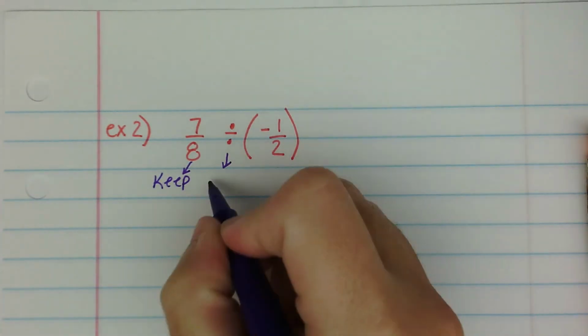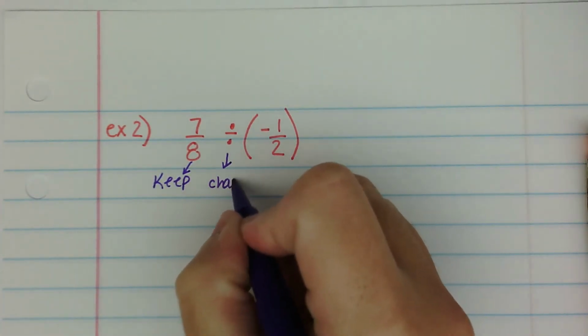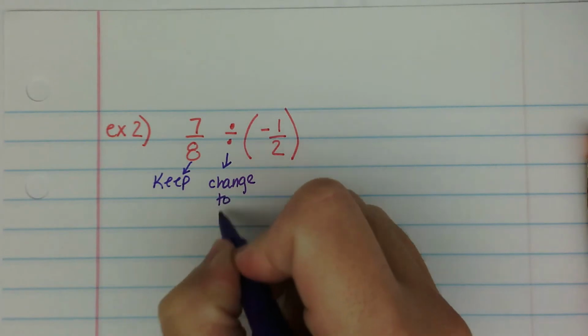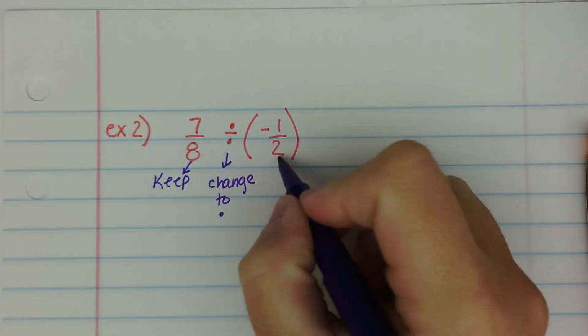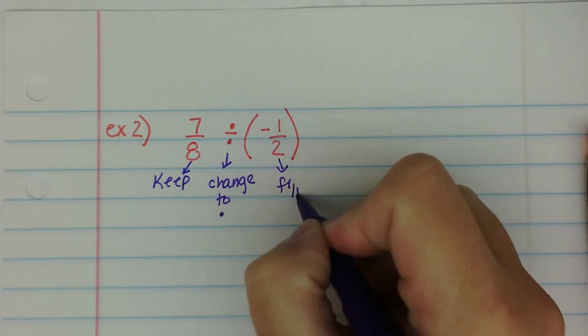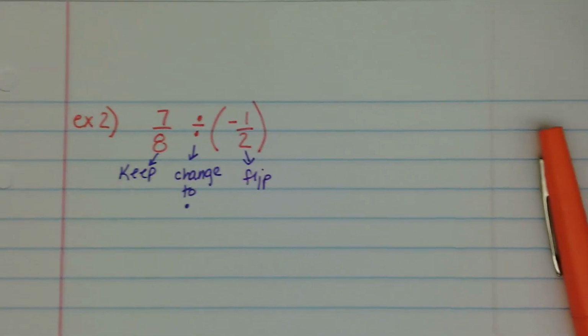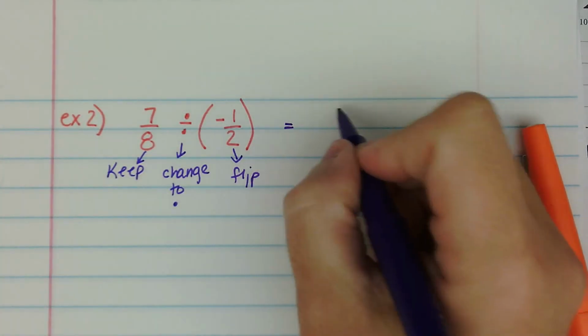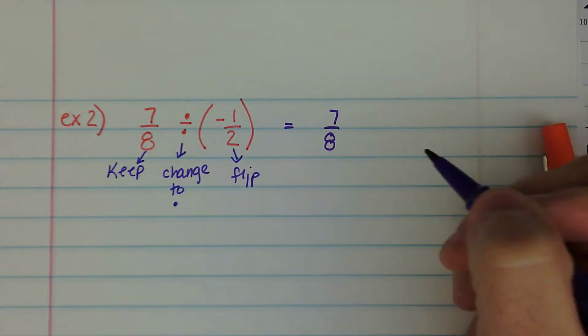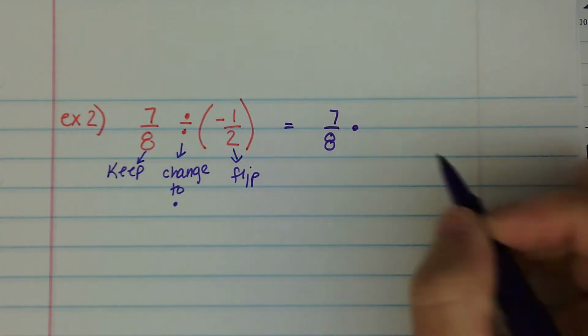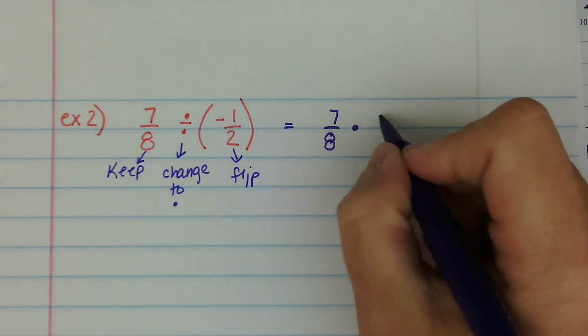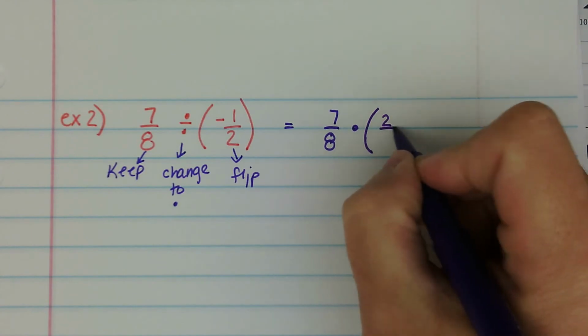You're going to change this to multiply. And then this is going to flip and take the reciprocal. So you're going to write 7/8 for your keep, multiply sign, flip that guy over, and you get 2/-1.